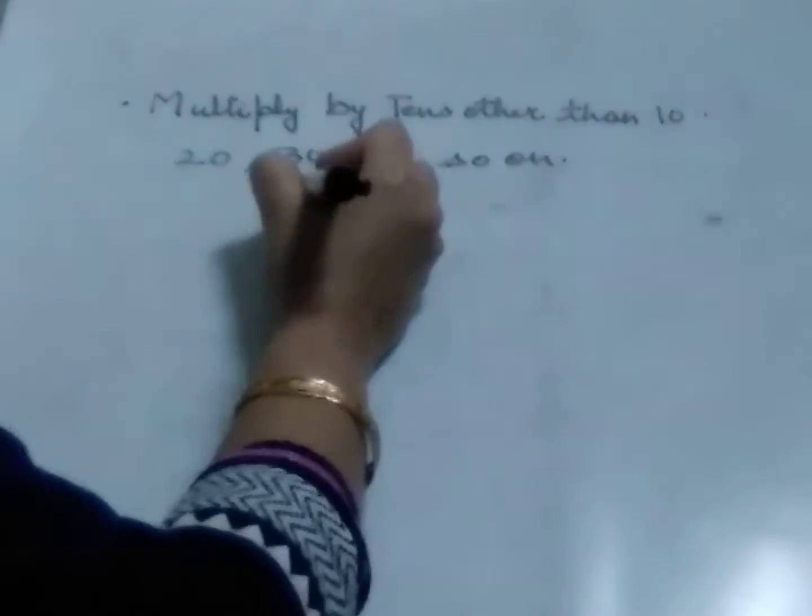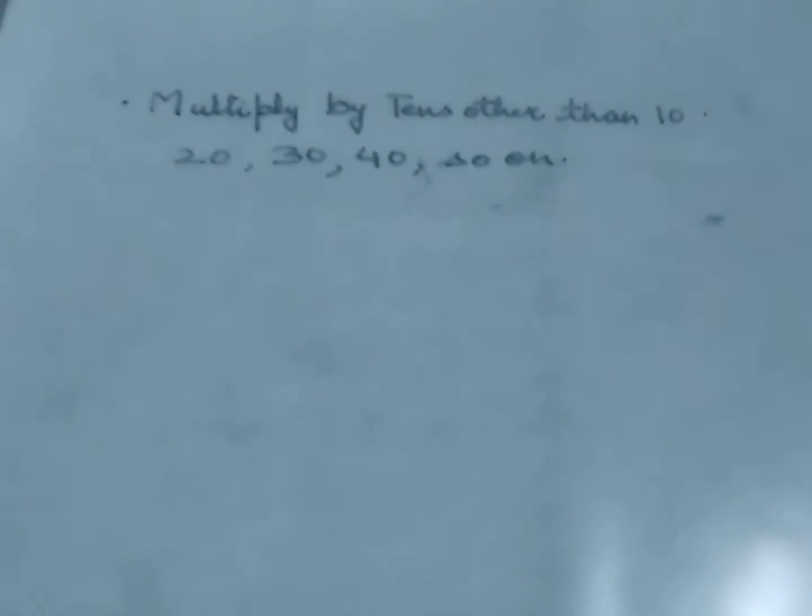Then in the product obtained, we add a 0 in the ones place.